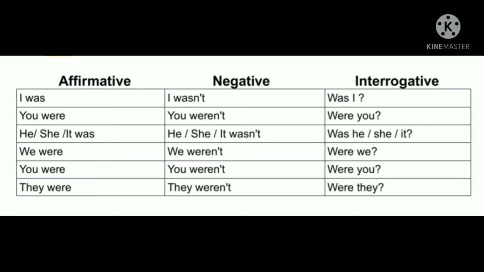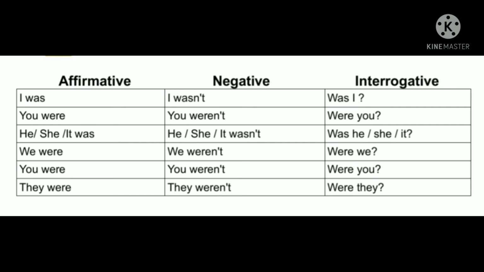And in the negative form, we always find the word not. It's the same as I was, but just add the word not. In fact, you can say I was not, and you can shorten it to speak fast, like I wasn't, you weren't, he, she, it wasn't, we weren't.